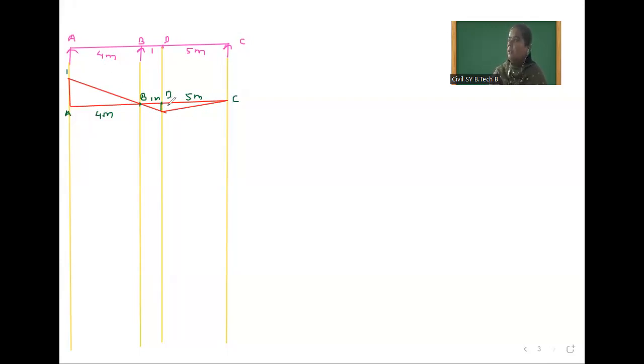How much value will be there? See here, for 4 meter value is 1. For this 1 meter question mark. So 1 into 1 divided by 4, that is here value is 0.25. So this is the ILD for RA. After that we will draw ILD for RB.